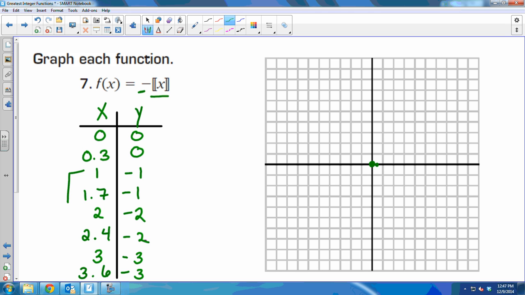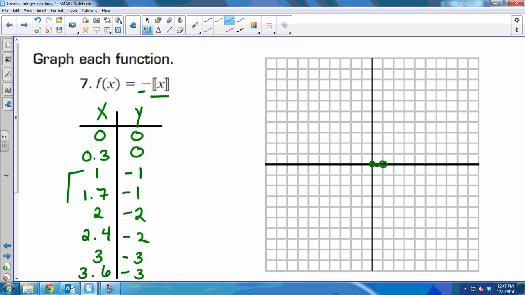So I'm going to have an open circle here, and I'll fill in between there just with a line. If you want to, that's fine. But you'll always have this entire part filled in.